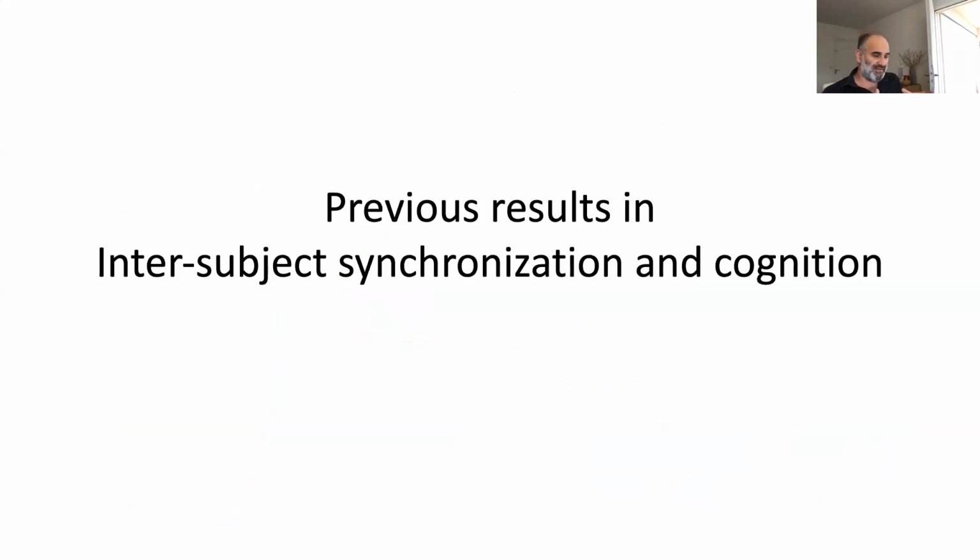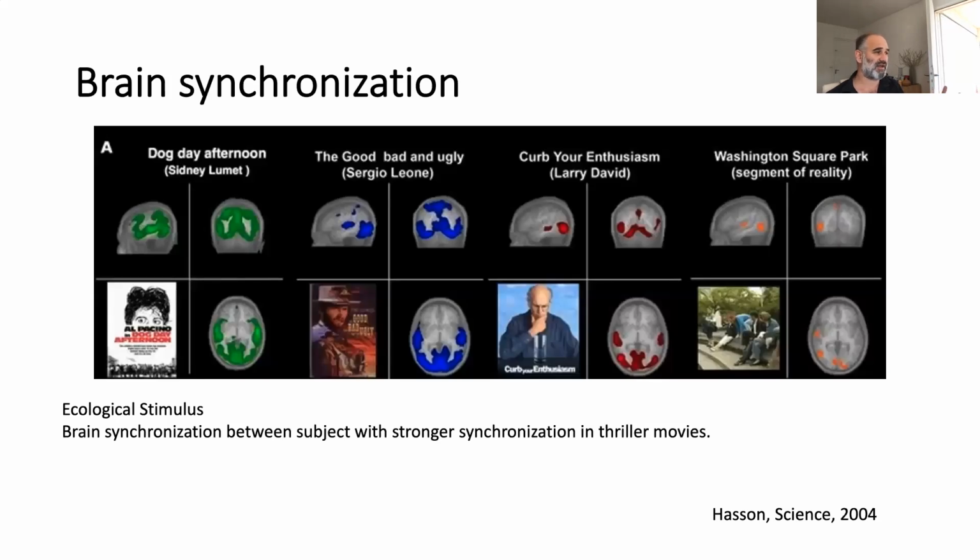But this is just at the single subject level, seeing some sort of reset in the cardiac cycle, and that's not related to whether the subject is aware or not of this irregularity. So for that, we wanted to do something slightly different, and we based it on previous results on inter-subject synchronization and cognition. They are very important results, the first of which is the work of Uri Hasson, which shows that the brain synchronizes when we watch a movie, and that synchronization is much higher when the movie is engaging.